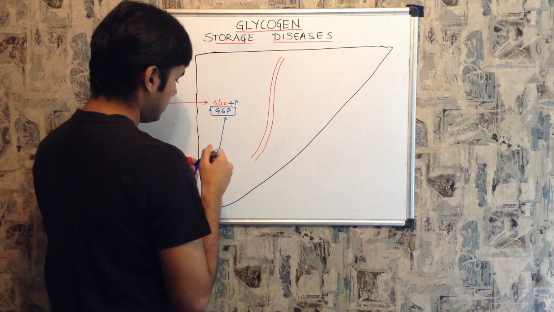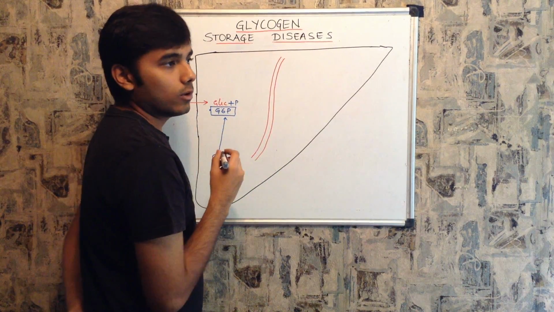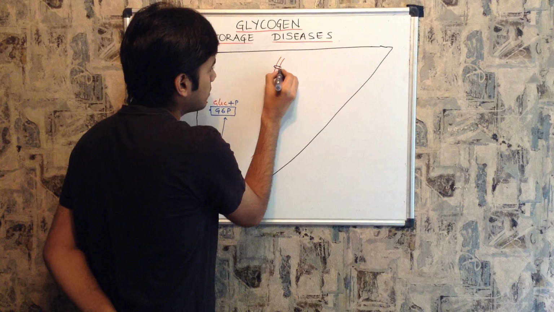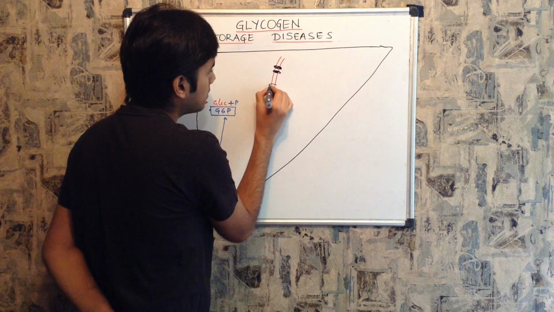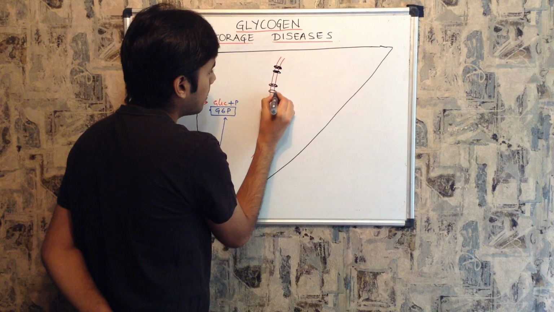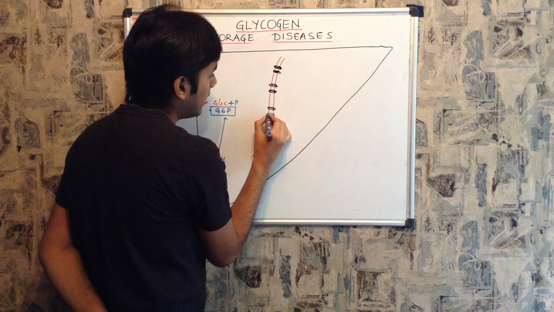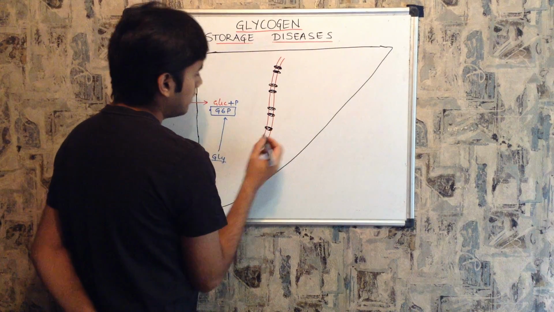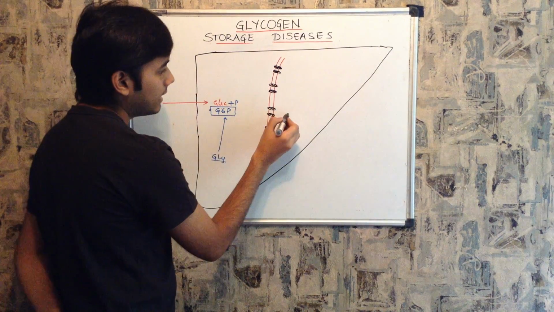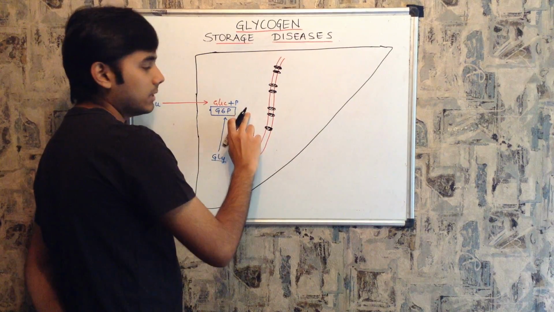What exactly happens is, on the surface of the endoplasmic reticulum you find protein molecules, mainly transporter proteins. These transporter proteins are named by the substance that enters through them. Suppose glucose 6 phosphate is entering through these transporter proteins into the endoplasmic reticulum from the cytosol.